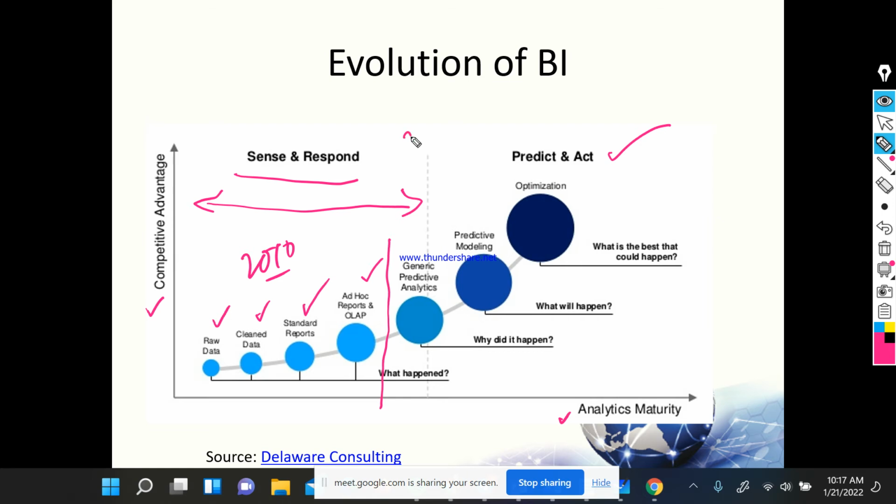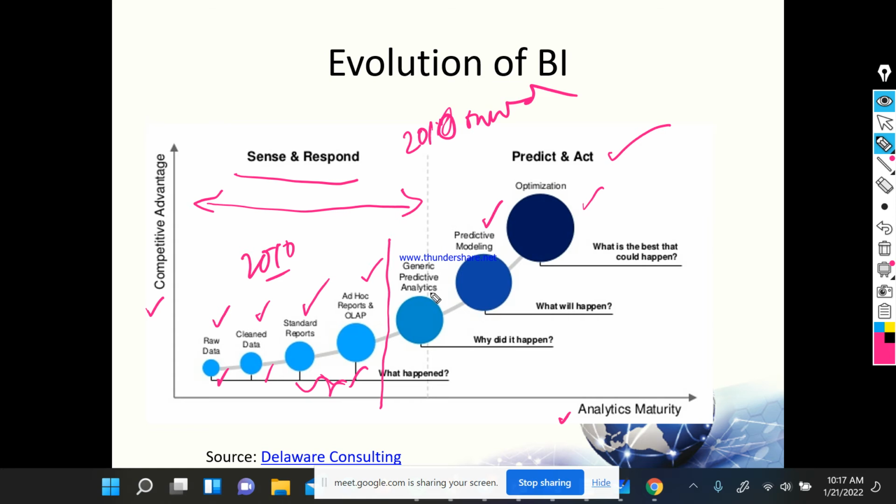It started sometime from 2010 onward. And then you are gradually talking about predictive modeling and optimization. But you can understand, so far, raw data is still raw data. Cleaning is a process we need to do. These two are implemented now, when we have standard reporting.